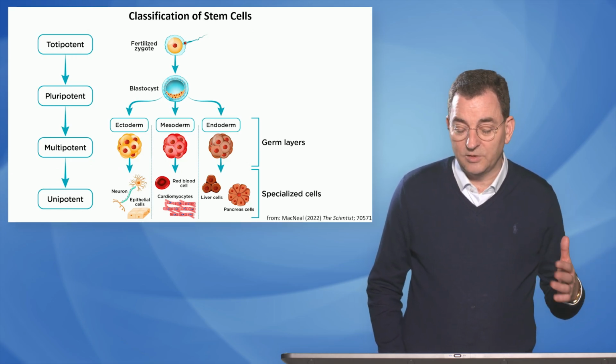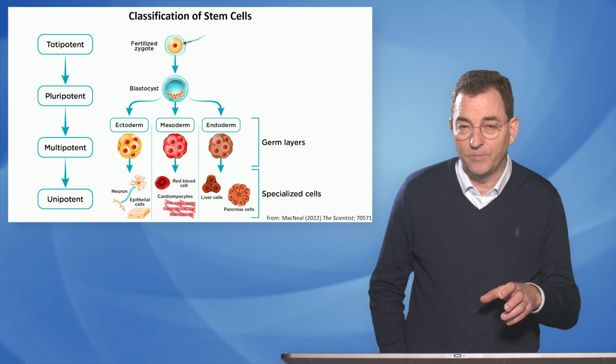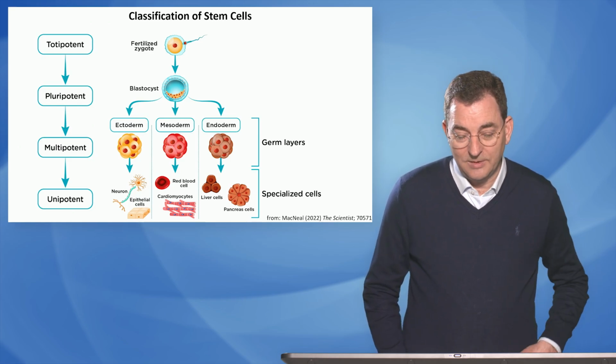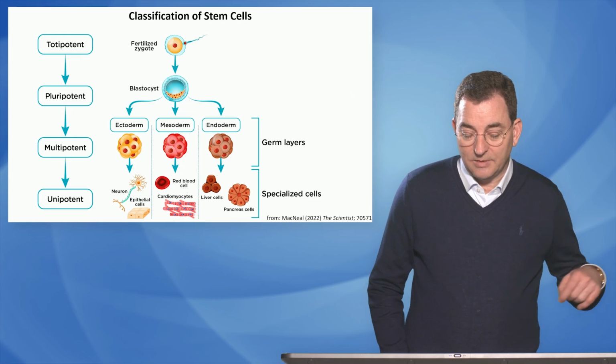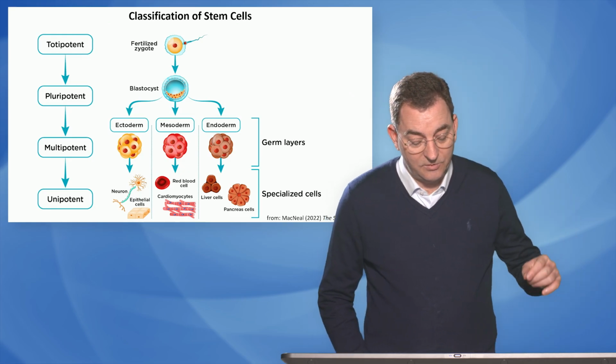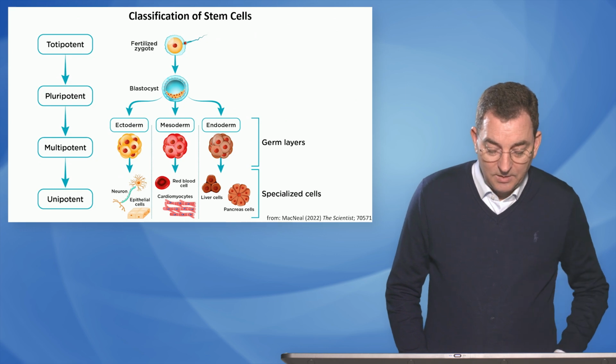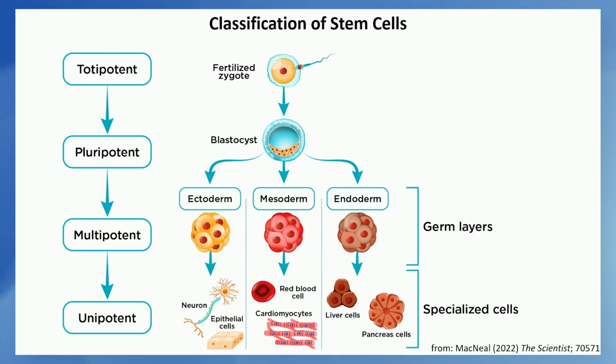These stem cells can differentiate towards or can form all cells of all three germ layers, but not the placenta, for example, or at least parts of the placenta. So only all tissues of the body. We have multipotent stem cells, which are basically tissue stem cells, producing cells of a certain tissue, and unipotent is usually the term which is not really used. These are just specialized differentiated cells.